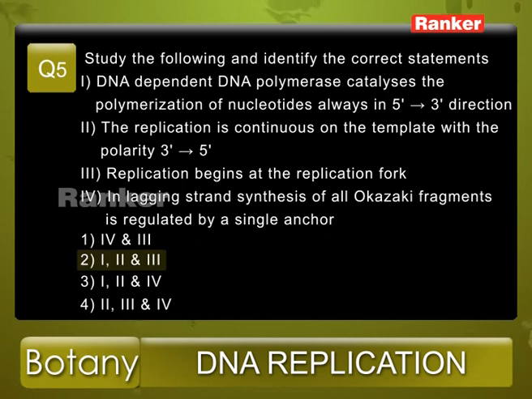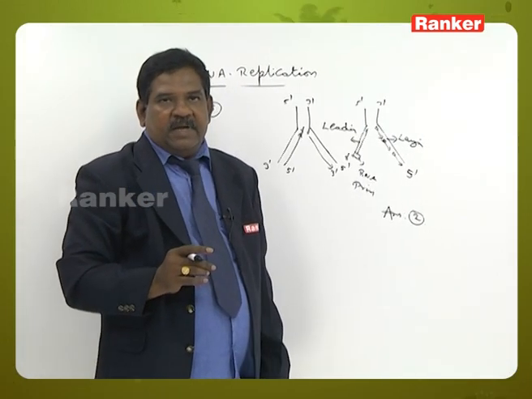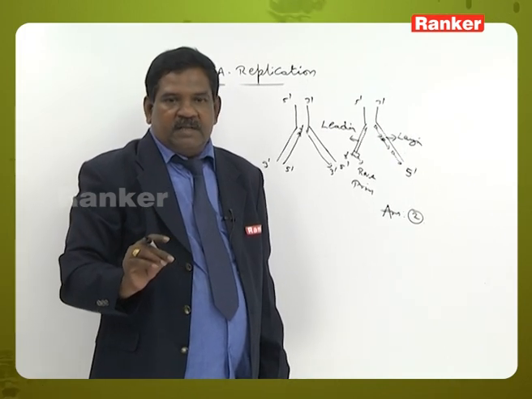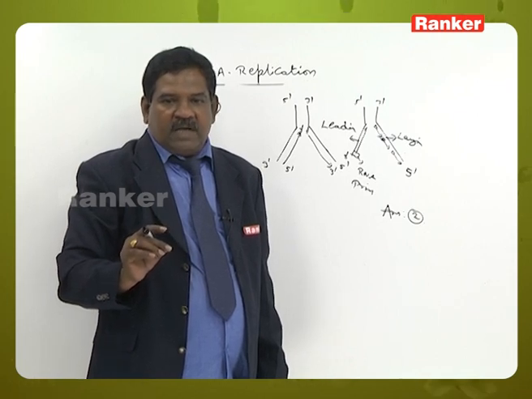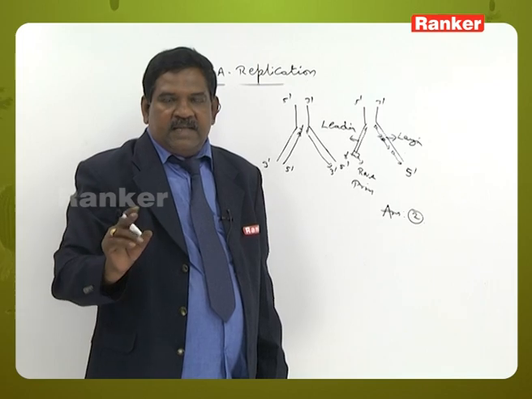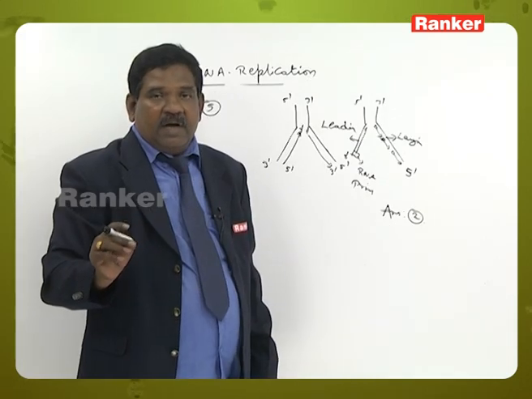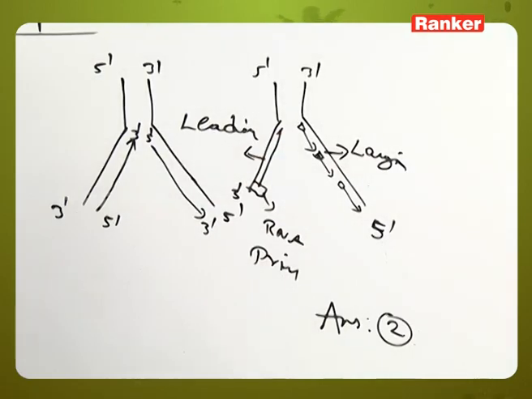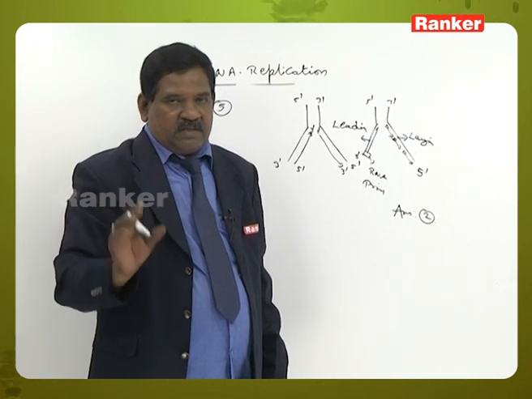So, the correct answer is 2. That means the first, second, and third statements are right, and the fourth statement is wrong. In the lagging strand, synthesis of all Okazaki fragments regulated by a single anchor is wrong. Many anchors are required; the number of anchors required for the synthesis of the new strand on the lagging strand is equal to the number of Okazaki fragments.